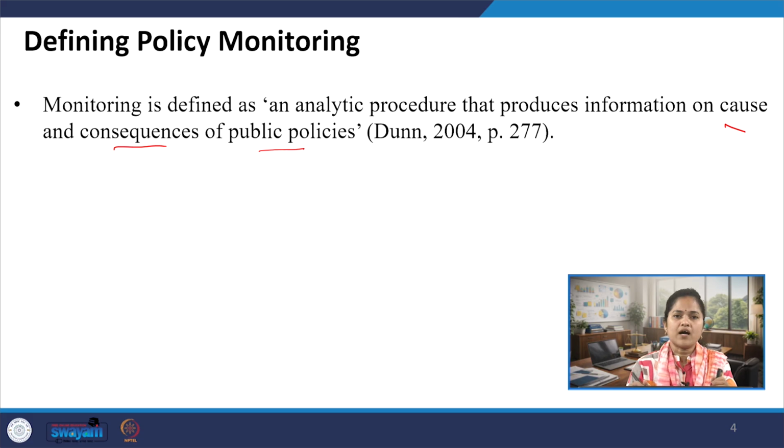We are trying to analyze the particular policy through our observations, and through our observation we can find the data and information related to that observation on the policy, and with the help of this information we are trying to identify the causes and consequences of the policies. Okay. So that becomes the action of policy monitoring.